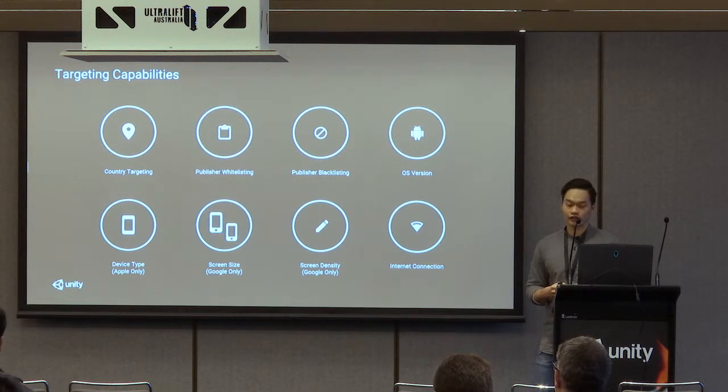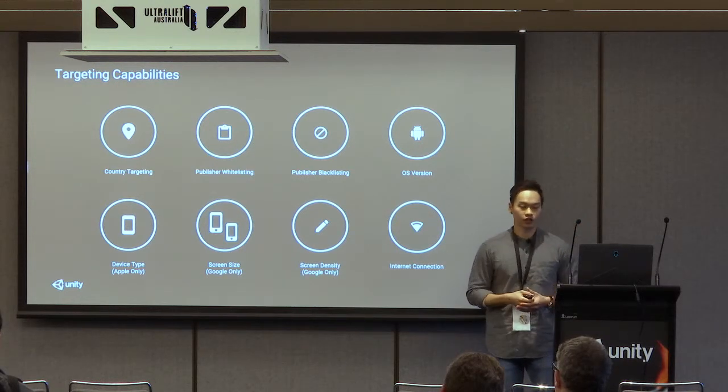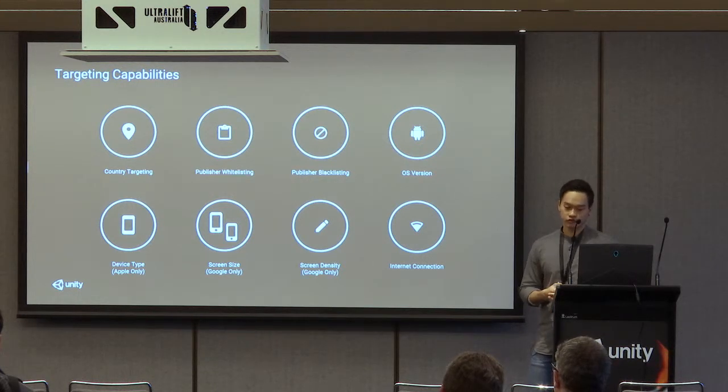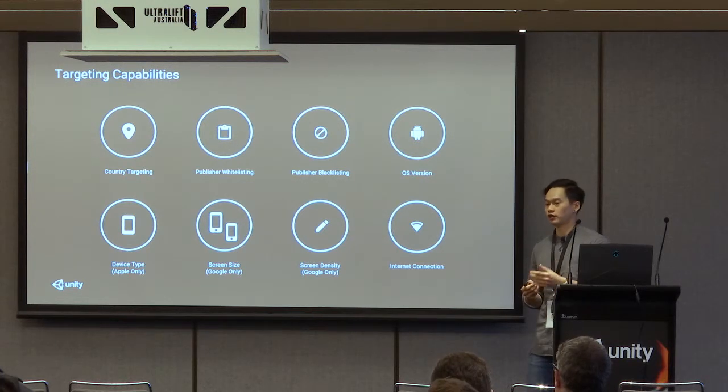So we allow advertisers to whitelist and blacklist apps that serve undesirable content on a self-serve level, so you don't have to reach out to me anymore. You can do it yourself. And we also offer device, screen size, screen density, and network optimization. So network optimization allows you to choose between the different carriers that you want, or whether you want a Wi-Fi connection or anything like that.